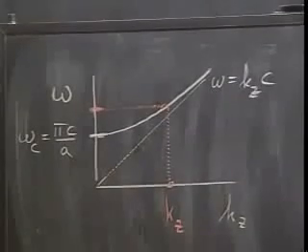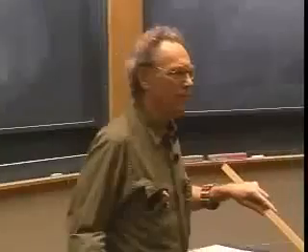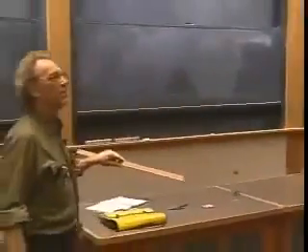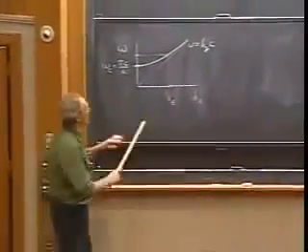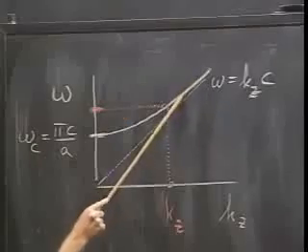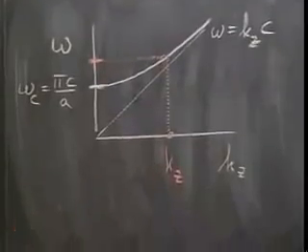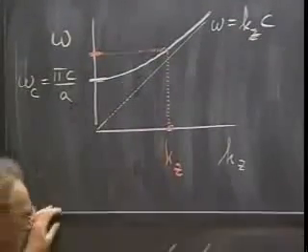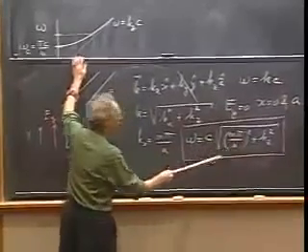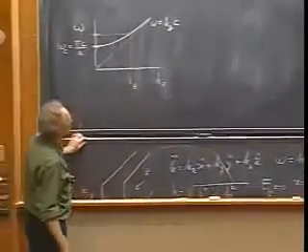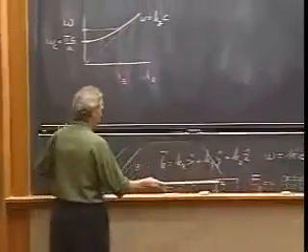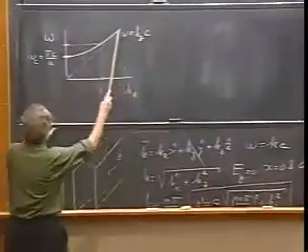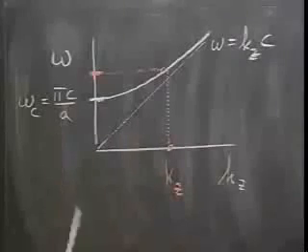Kz must adjust itself so that kx can remain what it has to be. Everywhere on this line, kx is the same value, and the kx value everywhere is pi over a. And so kz is being slaved to become the value that meets this dispersion relation. And that's this line. So kz settles there.